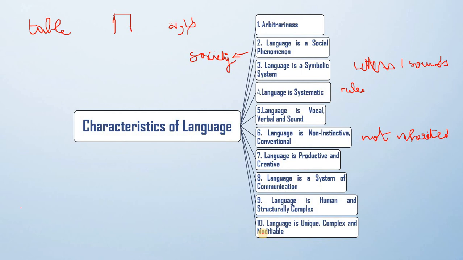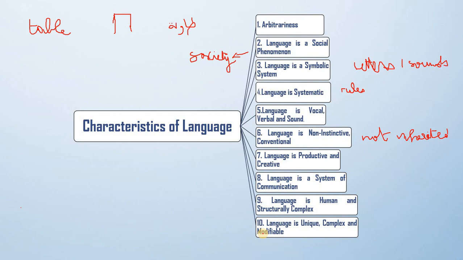So I modify the word that I borrow from another language to fit the system of the language that I am using. For example, I borrow a word from the French language, crier.